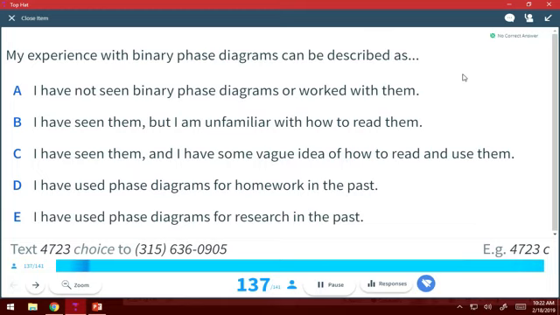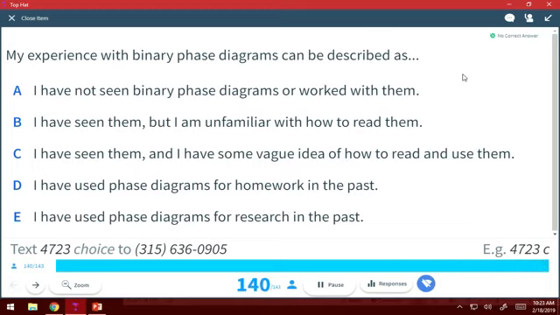If you've seen them, fabulous, more practice for you. And maybe they're useful systems that you work with. Not always, because some of them are isomorphous binary phase diagrams, so they might not be as relevant. But anyway, let's take a look.